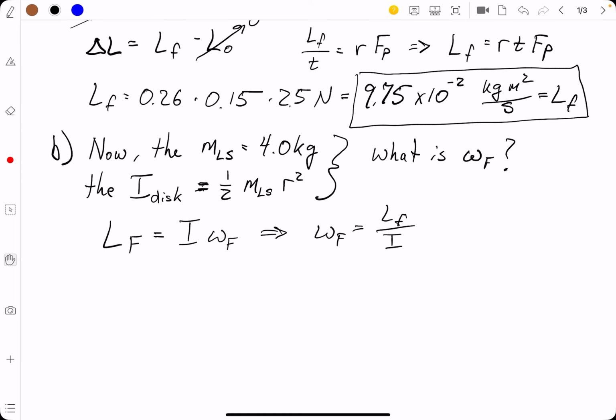Hopefully you guys found the hard part was figuring out what I was. So it's our 1/2 m r squared. Plugging those numbers in, you get 0.135 kilogram meter squared. If you don't get that, I don't know what to say. I might be wrong. I didn't write any of the numbers out, so.